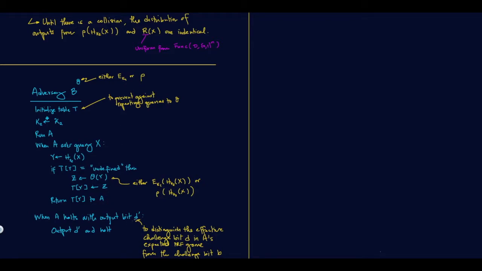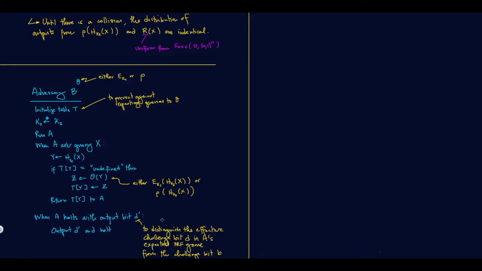When A halts with its guess D prime, we just output D prime and halt. We'll see that this makes sense, in particular because when our bit is 1, we simulate exactly what A would get if its bit D was equal to 1.